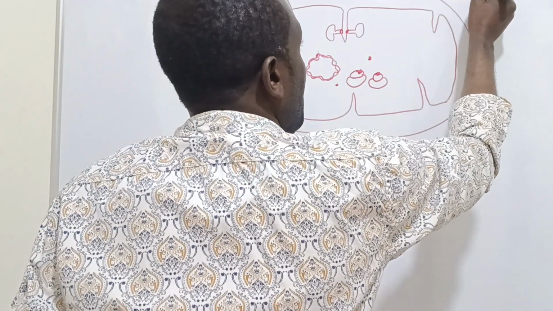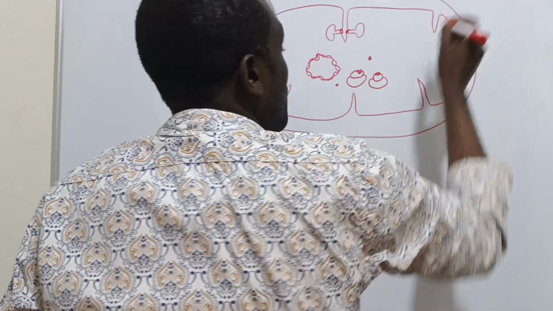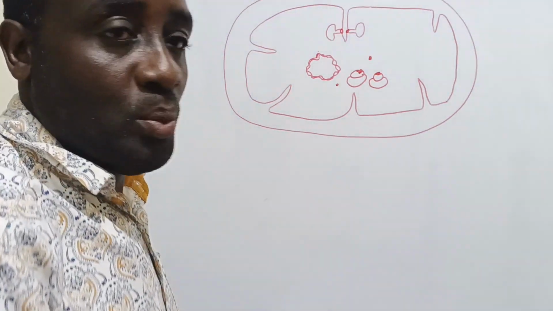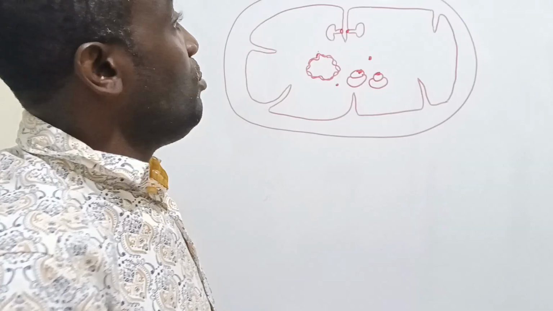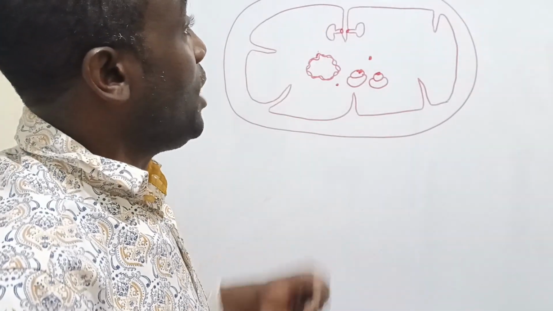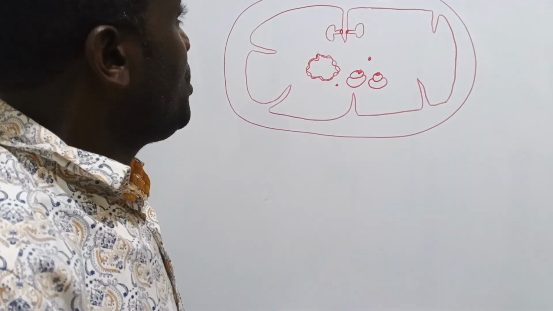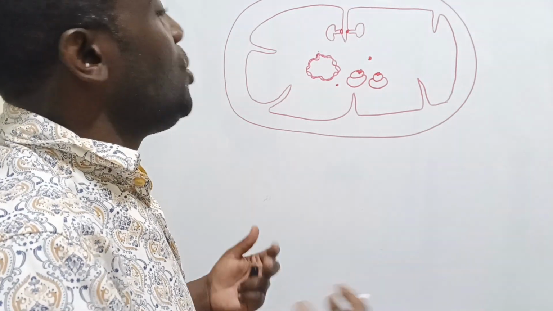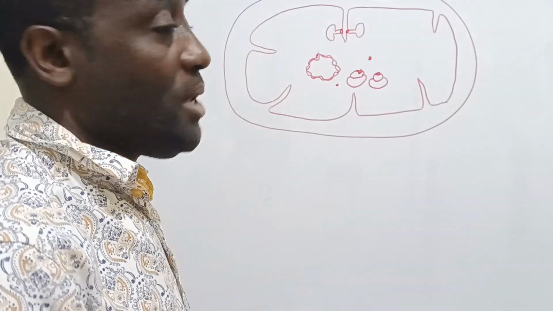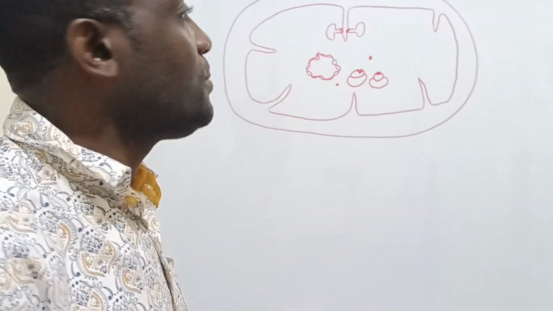A Dalton is a hydrogen atom. So molecules below 5,000 Daltons can easily go through the outer membrane of the mitochondrion. So it is not selective. It is highly permeable. Almost everything can go through so long as it is that small.